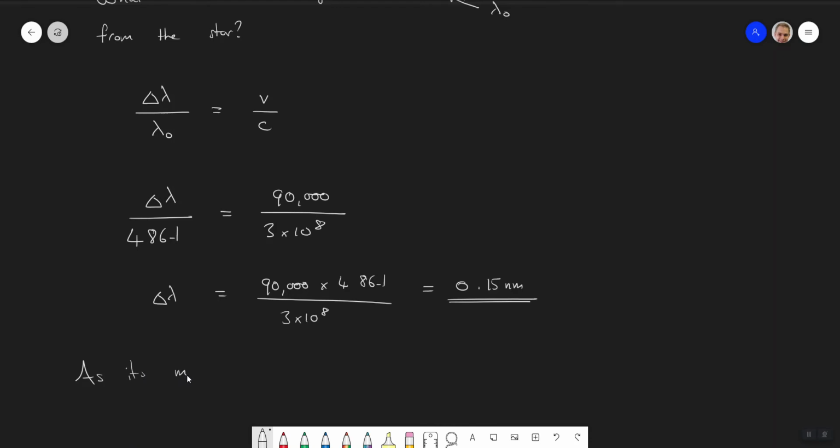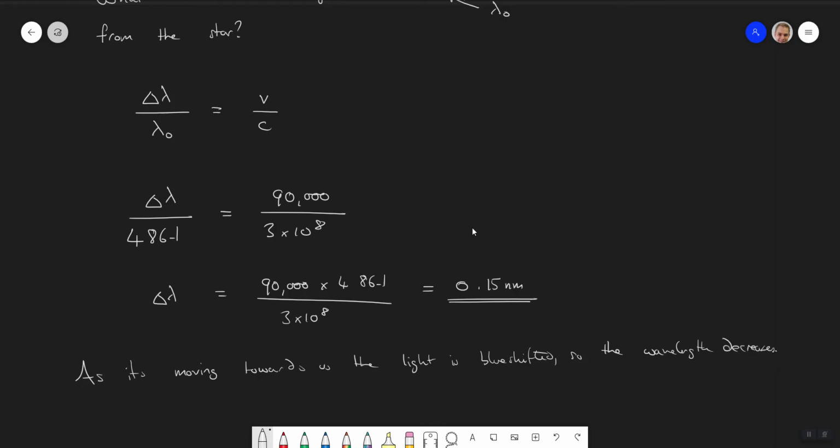As it's moving towards us, the light is blue shifted, so the wavelength decreases.